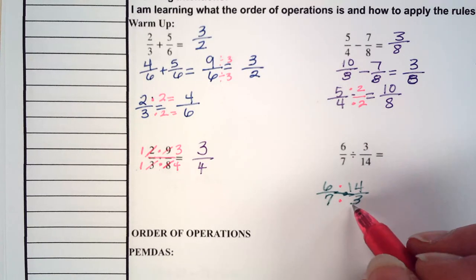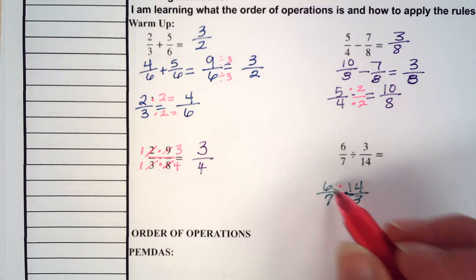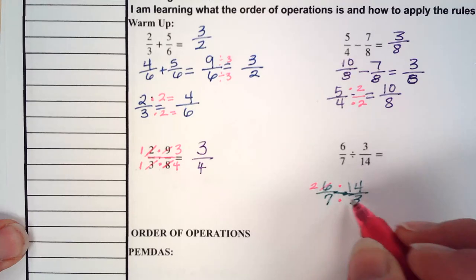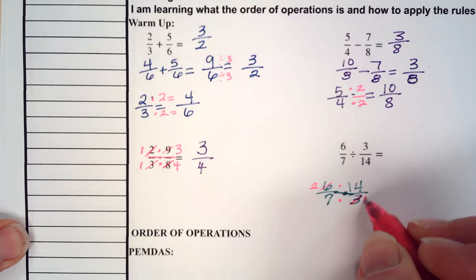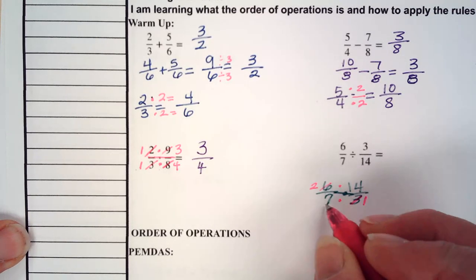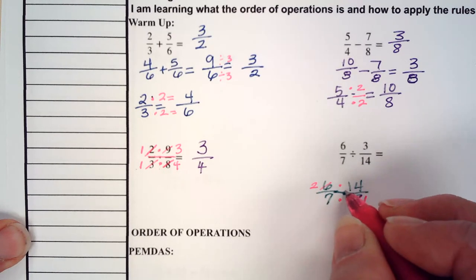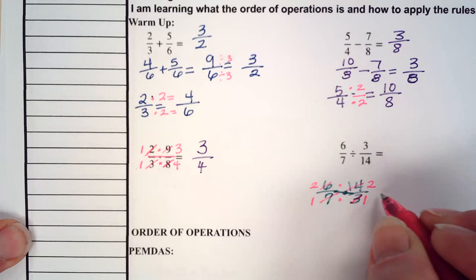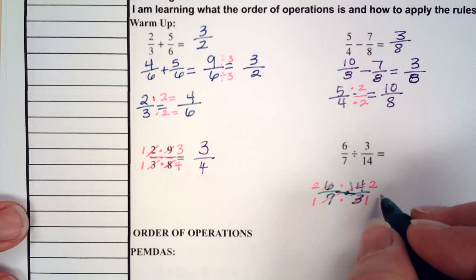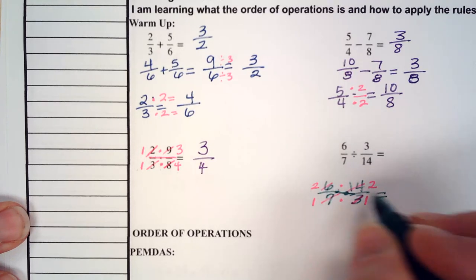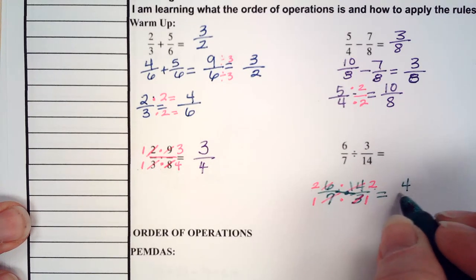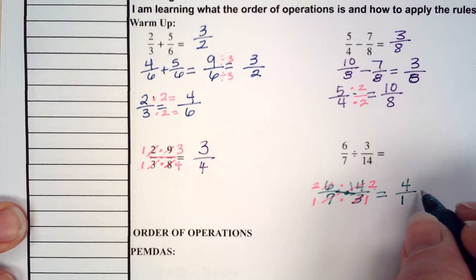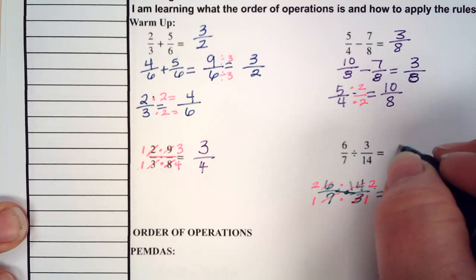That's where you turn that fraction upside down. Okay, 6 is divisible by 3. 6 divided by 3 is 2. 3 divided by 3 is 1. 14 is divisible by 7. 14 divided by 7 is 2. 7 divided by 7 is 1. 2 times 2 is 4. 1 times 1 is 1. 4 divided by 1 is simply 4.